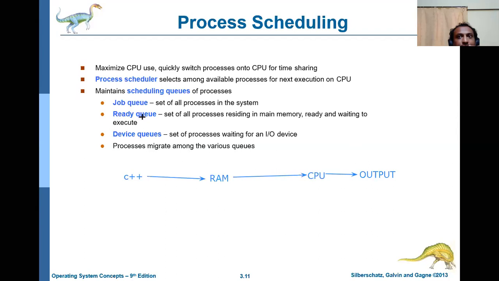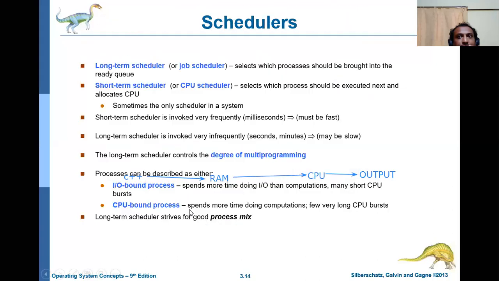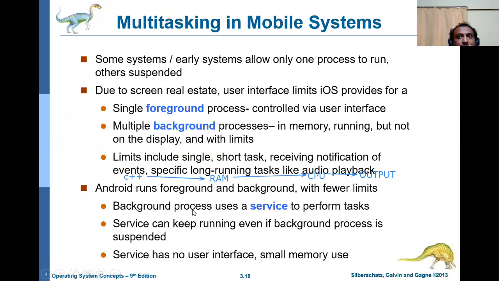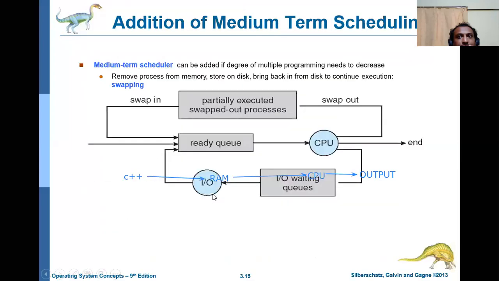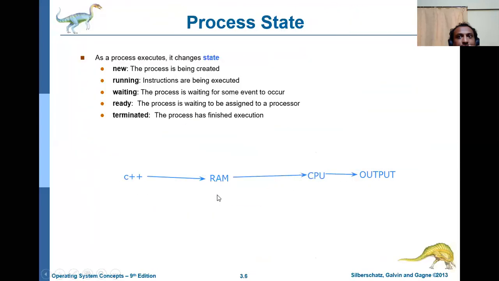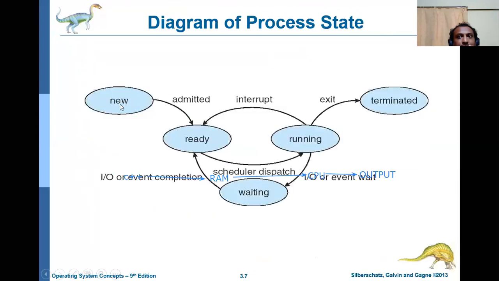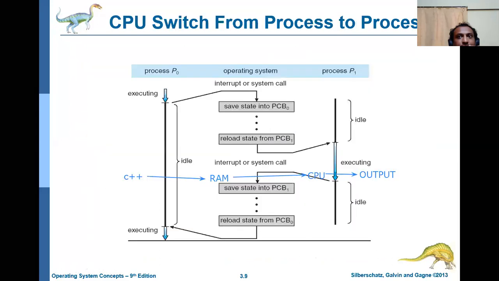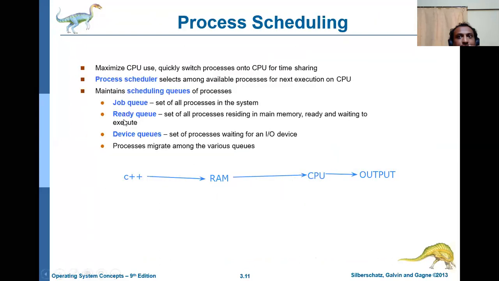When they go from RAM to CPU, they are moving from the job queue to the ready queue. I explained the ready queue in the previous slide, if you remember. See here, things go from the new state to the ready state; that is, they move from RAM to the ready queue.